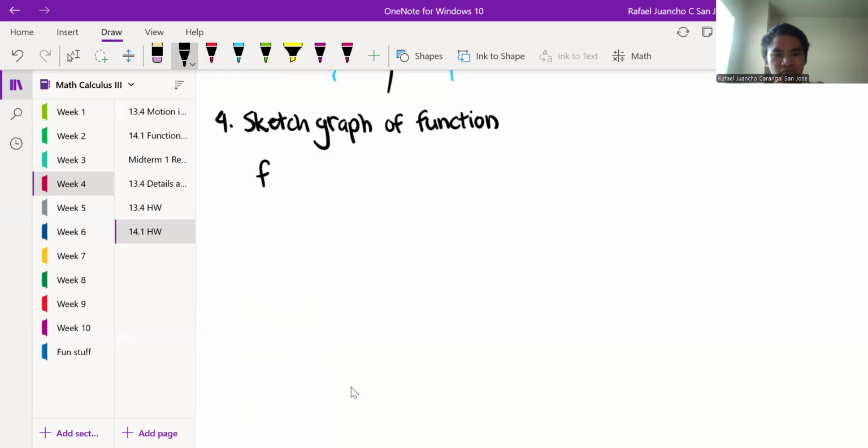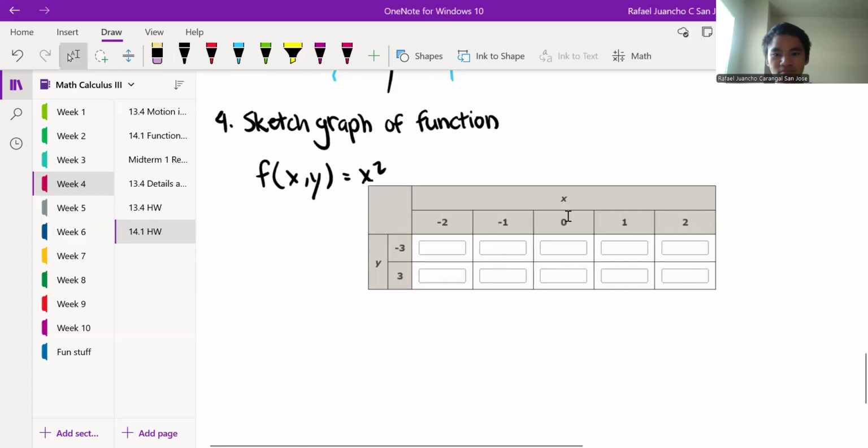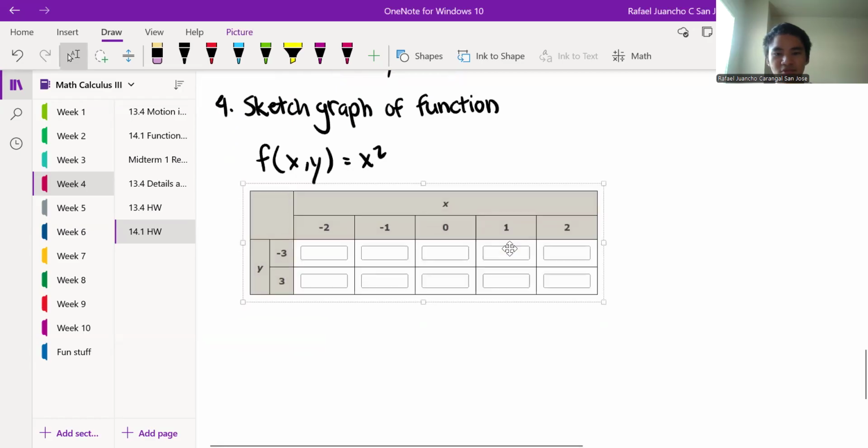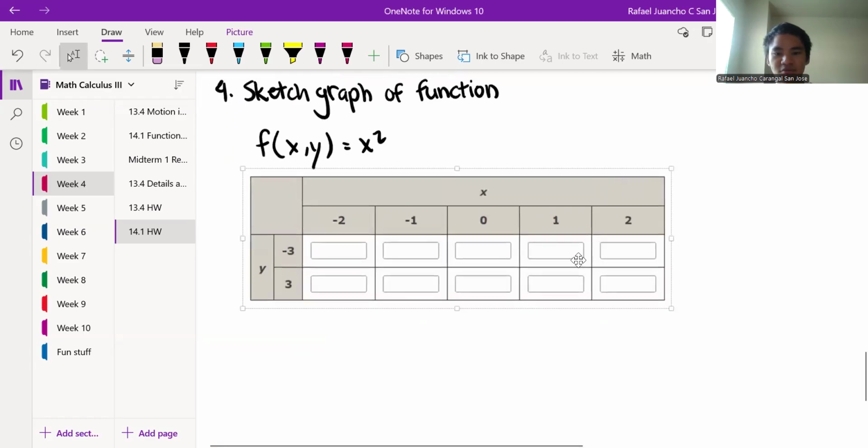So here I have f of x comma y equal to x squared. And here I see, oh, I have a table. Let me just get my table. Here we go. So that's my table. Make it bigger maybe.